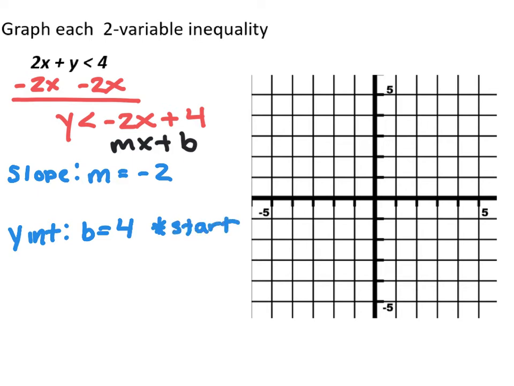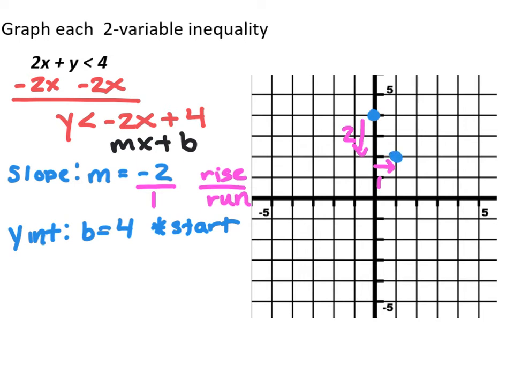So I can plot my point at (0, 4), and then I'm going to determine the next point using the slope. Since the slope is -2, I can rewrite this as -2 over 1. And remember that slope is rise over run. So I'm going to go down 2 and over 1 and plot my new point.